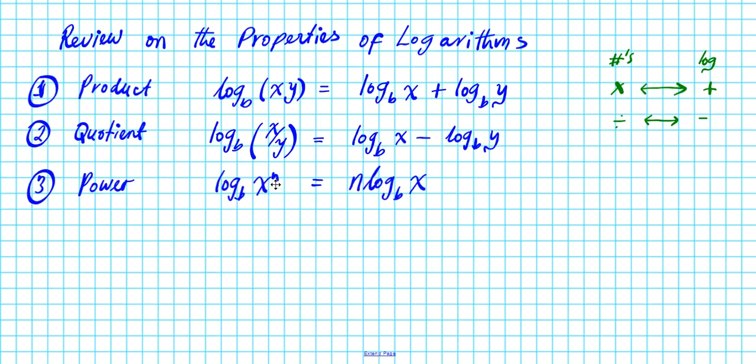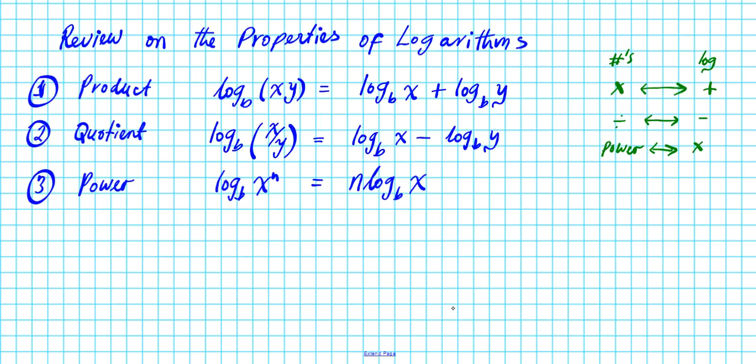So x to the n basically indicates repeated multiplication. When you take the log of the repeated multiplication, you have repeated addition, which condenses into multiplication. So a power of a term is equivalent to multiplying the log of that term by the power.